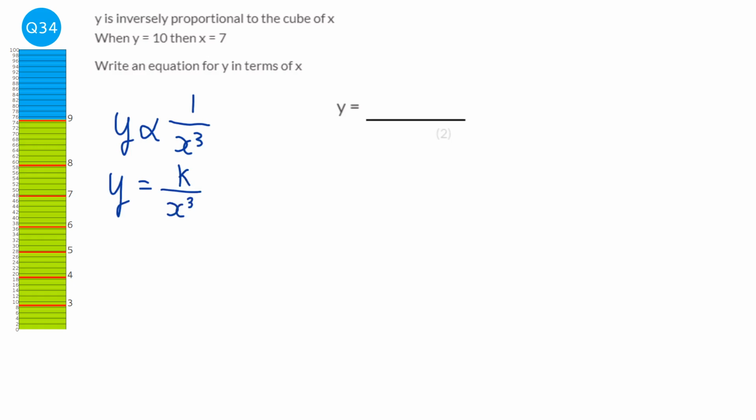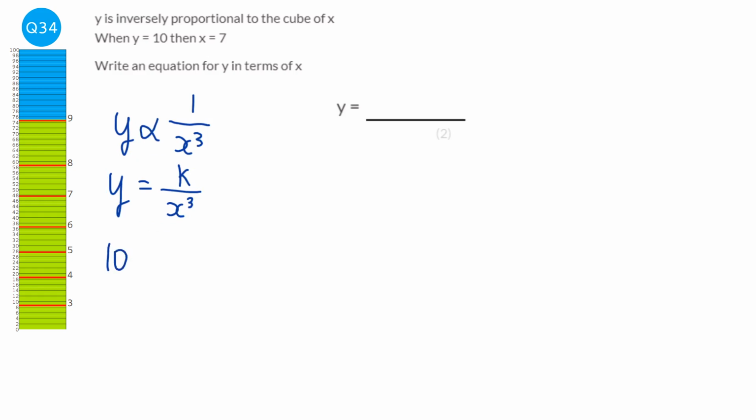Okay, now we need an instance where we know what y is when x is something, and here we do have that. So we've got y is 10 and x is 7. So we're going to feed those numbers into this equation that we've made.